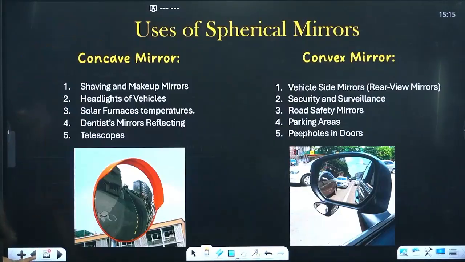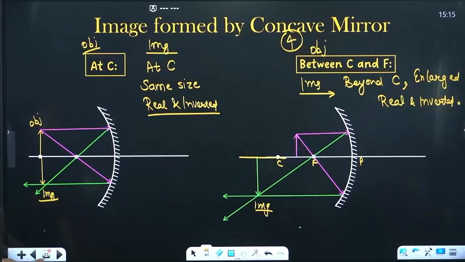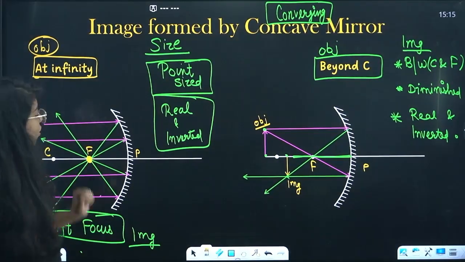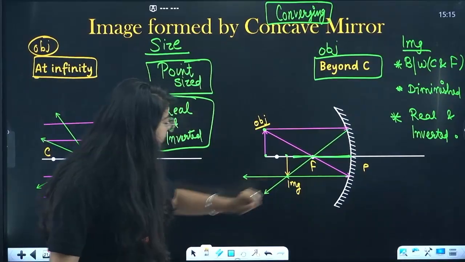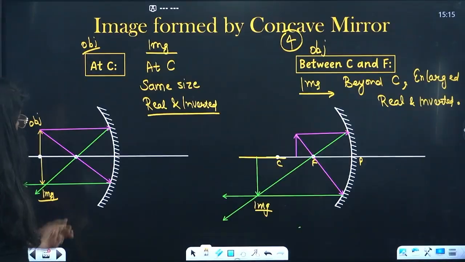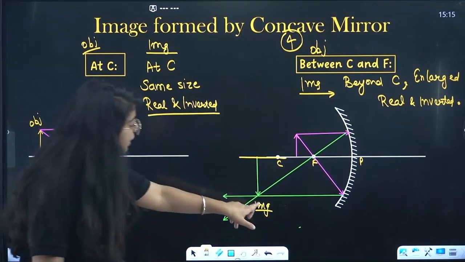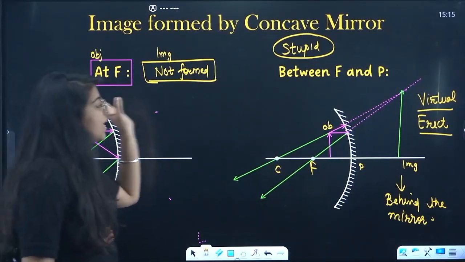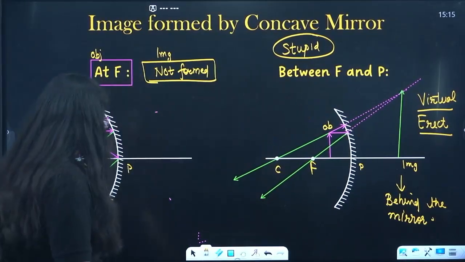also formed on the left hand side. You see, we started from here, all the images were on the left hand side, focus left hand side, images left hand side, then our image, this image left hand side. This one is at infinity but on the left hand side; it is not real and inverted, we won't look at it.